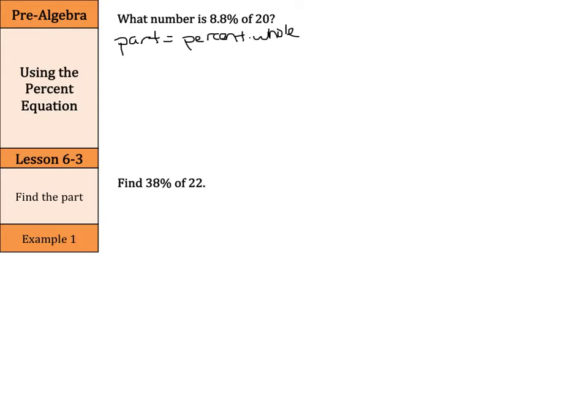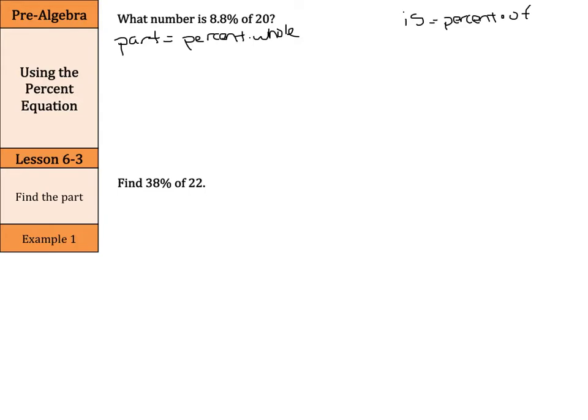If you want, we used "is" as our part before, so is equals percent times of. If that helps you as you set up those problems, you can certainly use that as well.